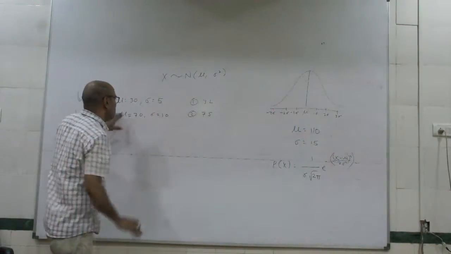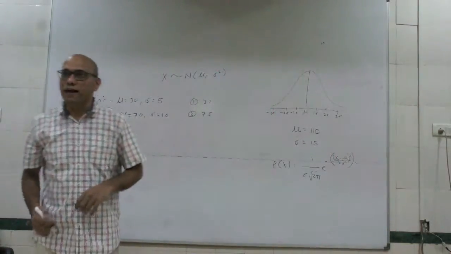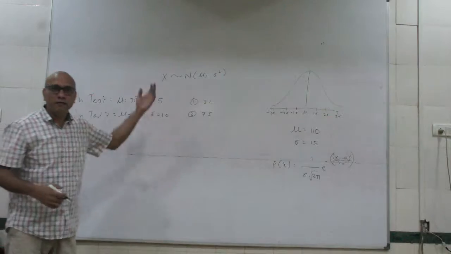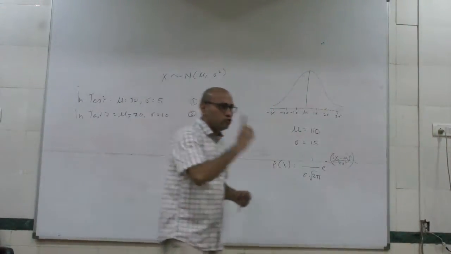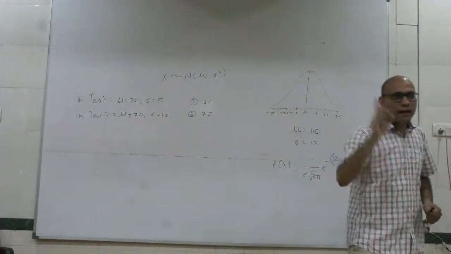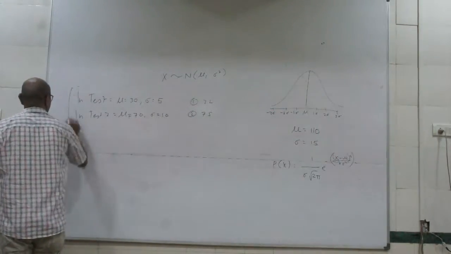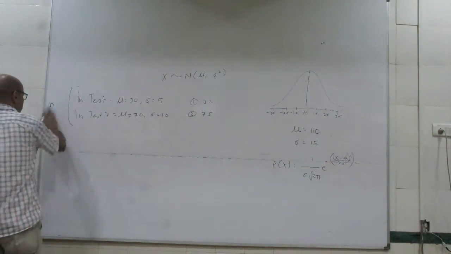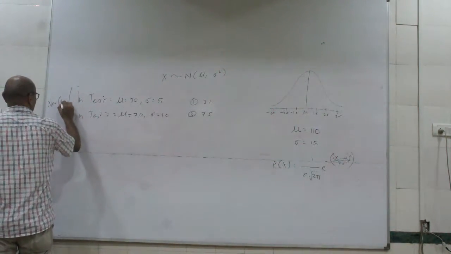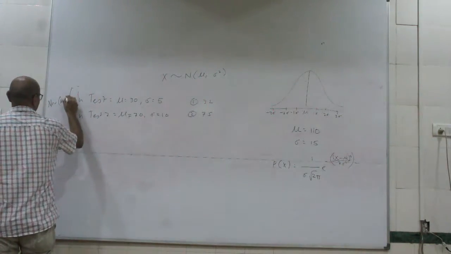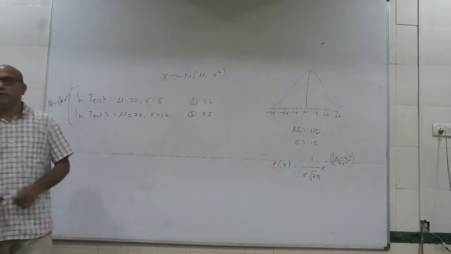This value comes on a mean of say 30 with a sigma square of 25, right? So I can't compare them directly. I need to convert these values to a distribution which has identical mean and identical sigma squares. Now I believe that the distribution of both the tests are normal, okay? Both of them are normally distributed with mean mu, variance sigma square. So the variance here is 25, variance here is 100, right?